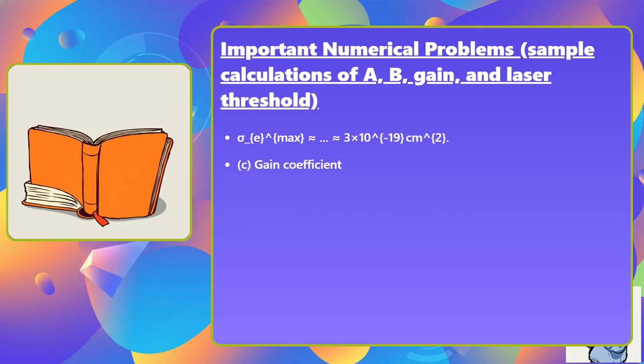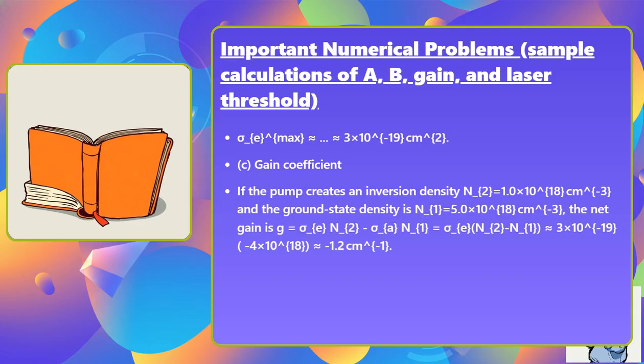Section C, gain coefficient. If the pump creates an inversion density N2 equals 1.0 times 10 to the 18 per cubic centimeter, and the ground state density is N1 equals 5.0 times 10 to the 18 per cubic centimeter, the net gain is G equals sigma E times N2 minus sigma A times N1, which simplifies to sigma E times (N2 minus N1), approximately 3 times 10 to the minus 19 times negative 4 times 10 to the 18, equals negative 1.2 per centimeter.